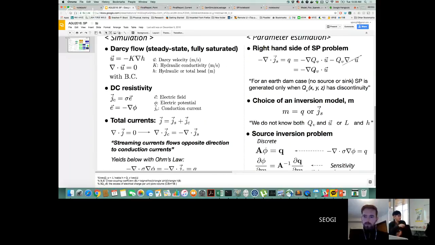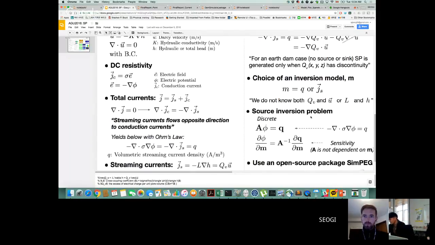If your material has different QV in the domain, that discontinuity generates the SP signal. And QV is not a material property now, right? Yeah, it's a function of the dam, the amount of fluid. Yes, so there needs to be that discontinuity of that property in the domain.